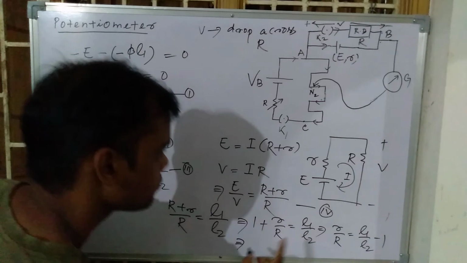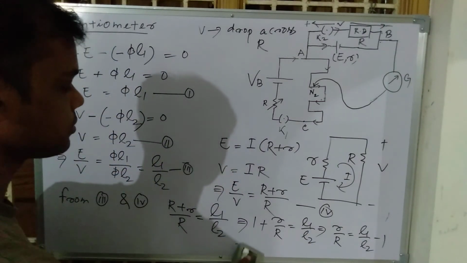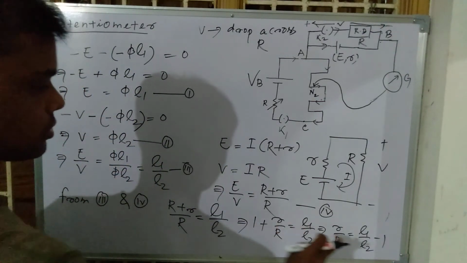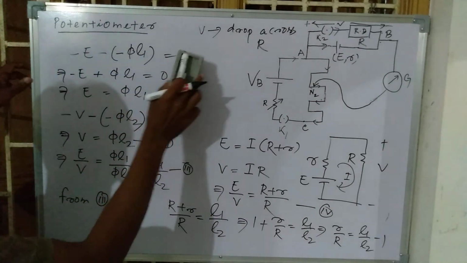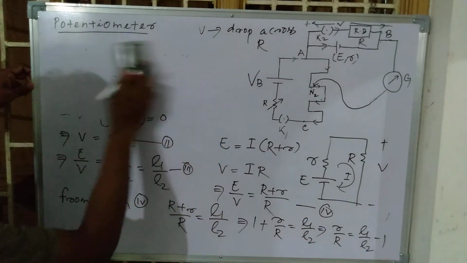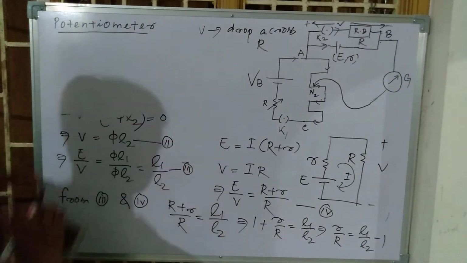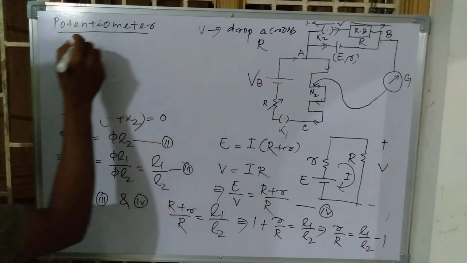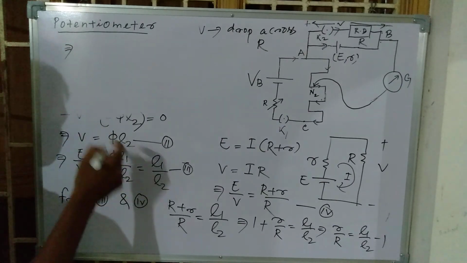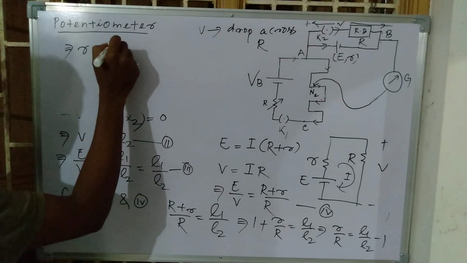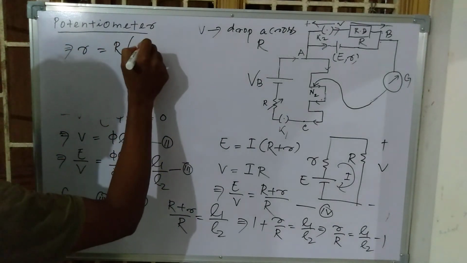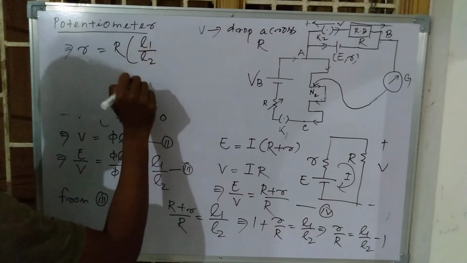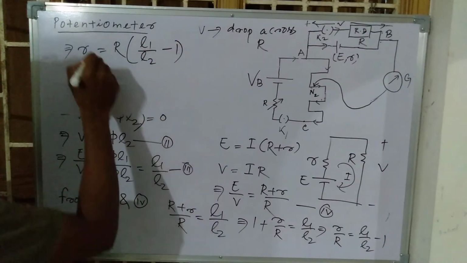So r by R is equal to L1 by L2 minus 1, which implies small r is equal to R whole into L1 by L2 minus 1.